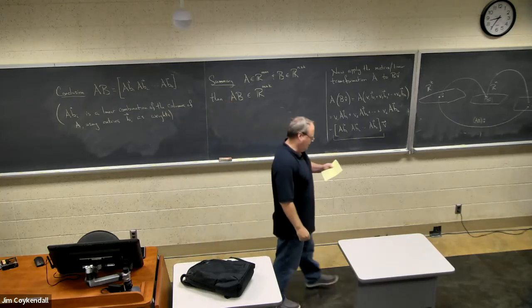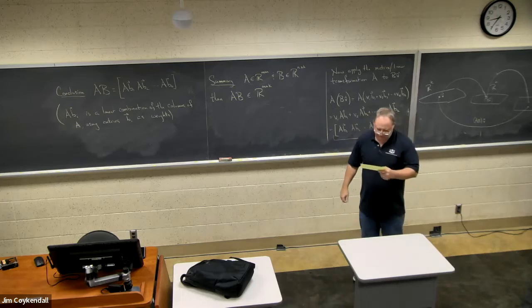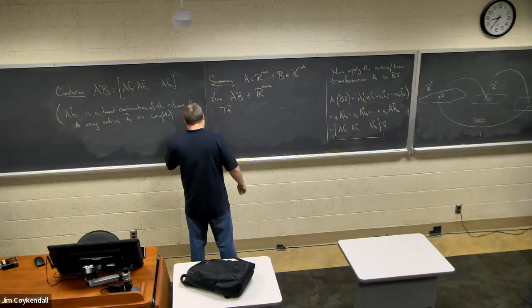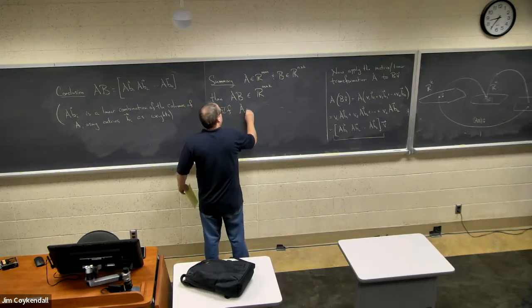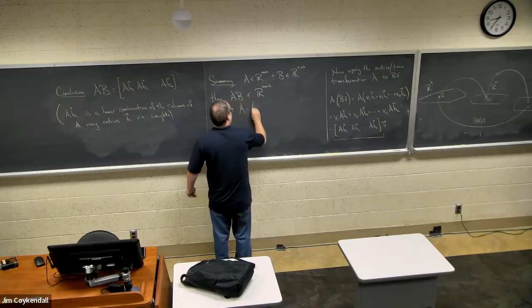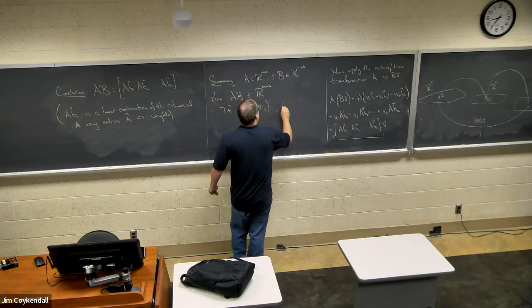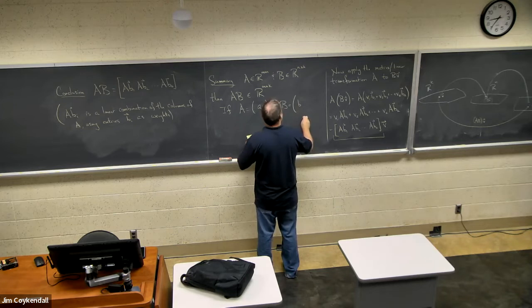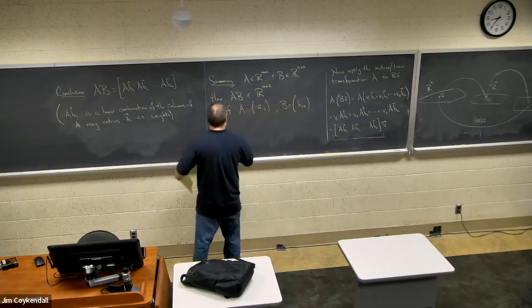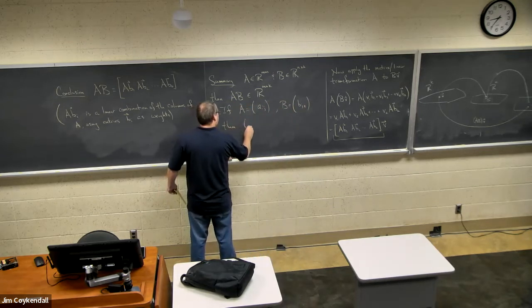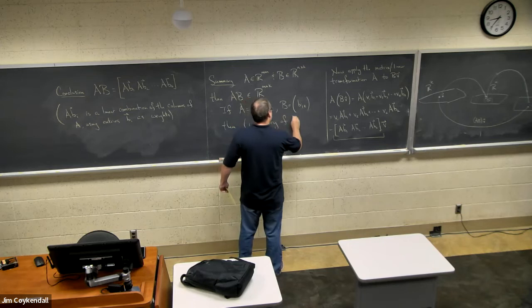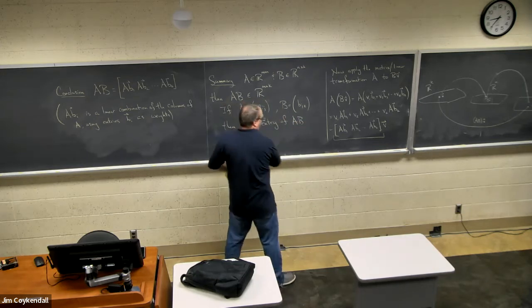And I can give you a formula for what the IJ entry is for this. If A equals (a_ij) and B equals (b_ij), then the IJ entry of AB, so here's kind of a formula for it.